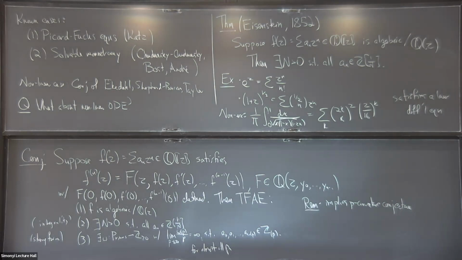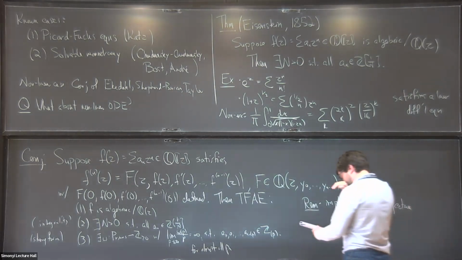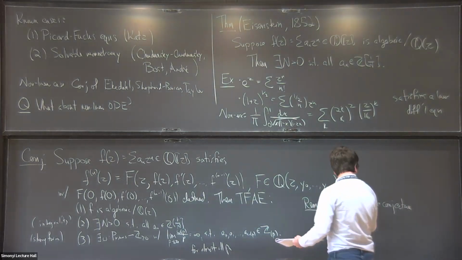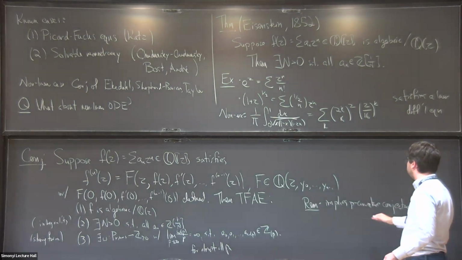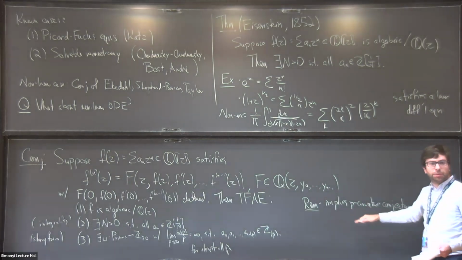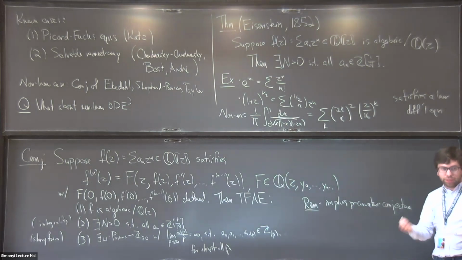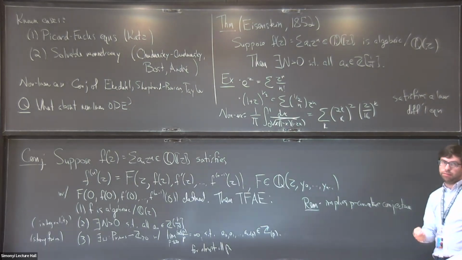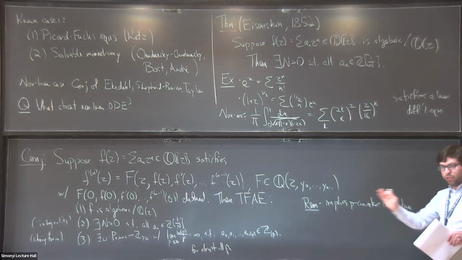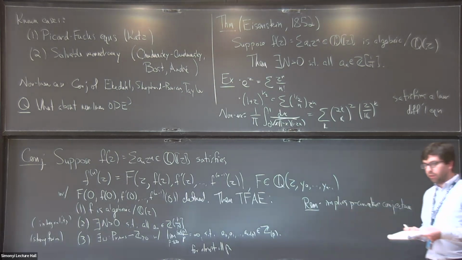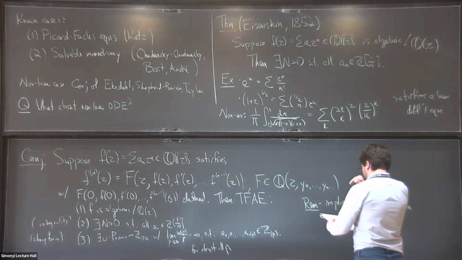The point of this talk will be to give evidence for this conjecture. So it implies the P-curvature conjecture. I think it's much stronger than the P-curvature conjecture. If I have time, I'll try to say it makes some predictions about linear differential equations that seem to be true in examples and which don't seem to follow from the classical P-curvature conjecture.